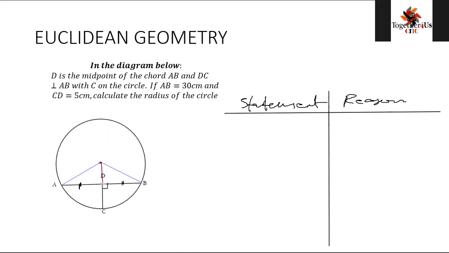So then I just construct another one there, and now I put in some labels. In my labels, I will indicate that this is given, so CD is given, or DC, right? And we are told it is 5 centimeters. And if AB is 30, then that means AD is 15 centimeters and DB is also 15 centimeters.